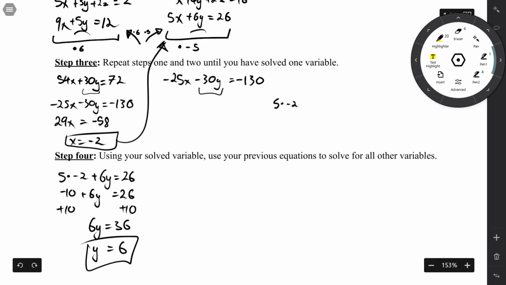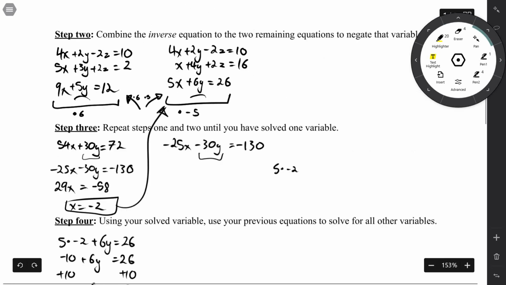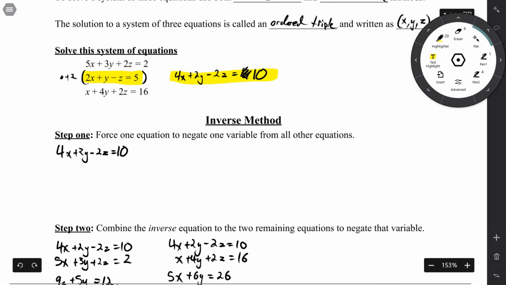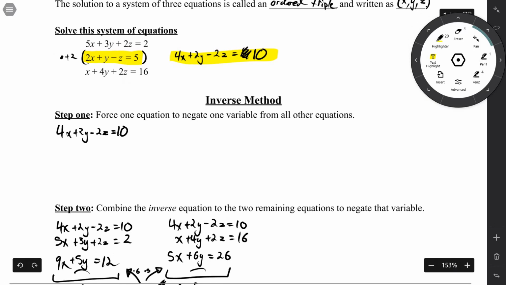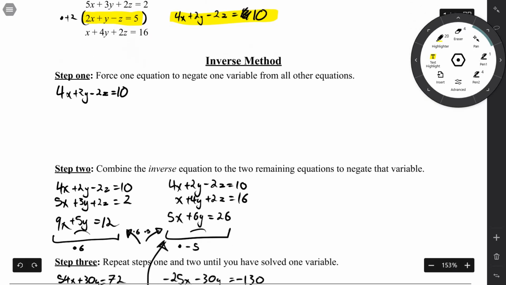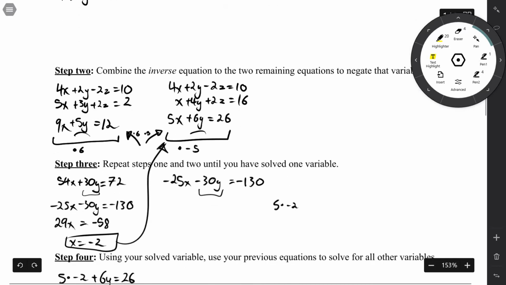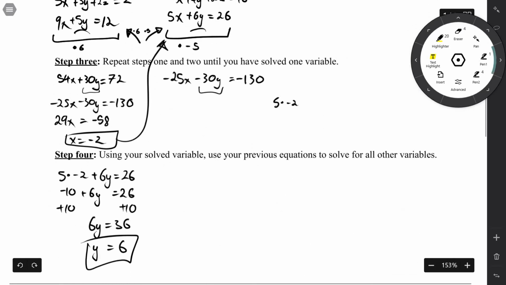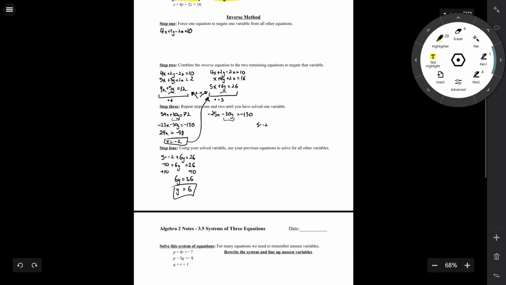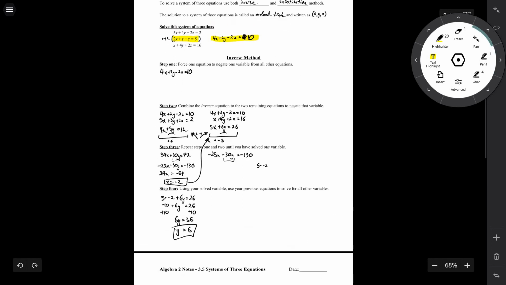So now we've got two variables. And now we can use those last two, this x equals -2 and the y equals 6, to plug it into any of our original equations. That'll give us the value for z. I'm going to use this middle one here just because it's a little simpler. Why not? So we have 2x plus y minus z. Let me actually zoom out, and then I'll be able to see it. Right. 2x plus y minus z equals 5.